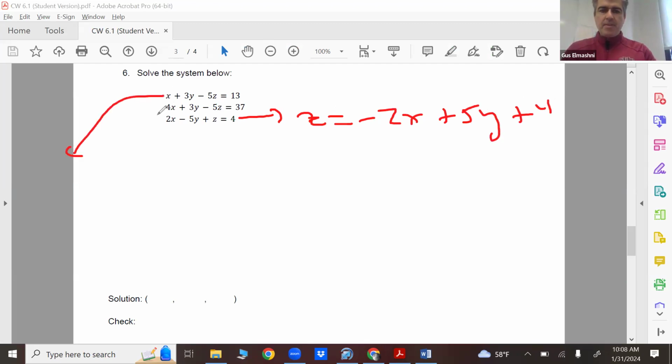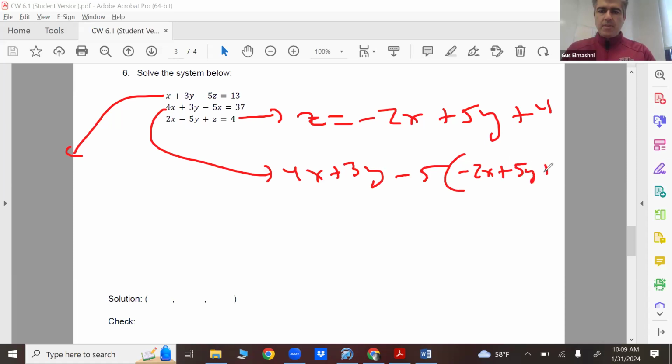And then I'm going to do this: 4x plus 3y minus 5 parentheses, hold on, equals 37, my bad. And this one, x plus 3y minus 5, -2x plus 5y plus 4 equals 13.